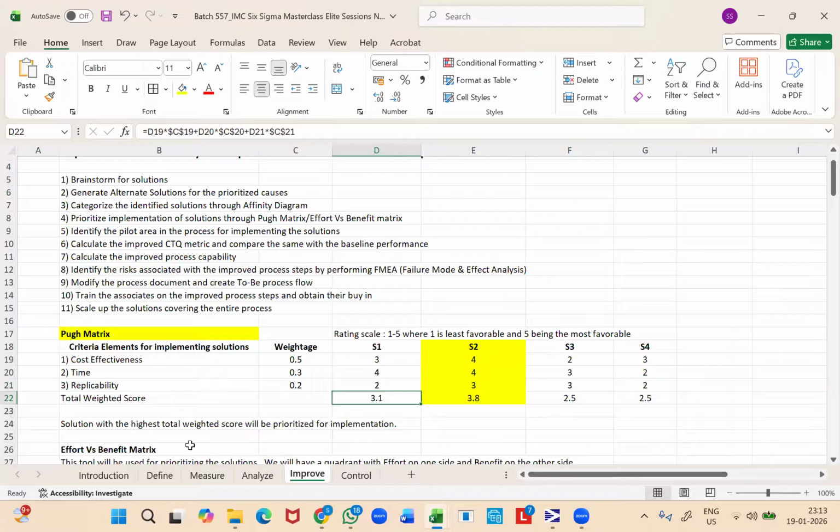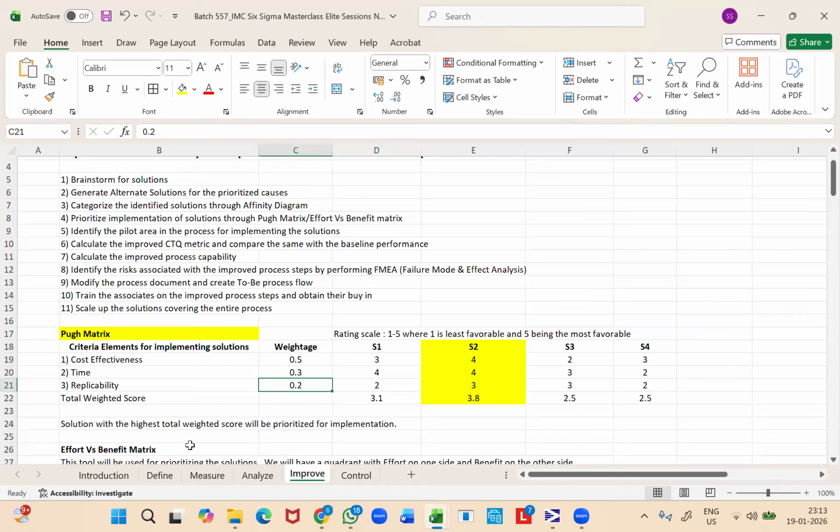So how will this total weighted score be calculated? I will simply multiply the rating I have given for a particular criteria element for a given solution with the corresponding weightage. So for solution 1, the total weighted score will be 3 multiplied by 0.5 plus 4 multiplied by 0.3 plus 2 multiplied by 0.2.